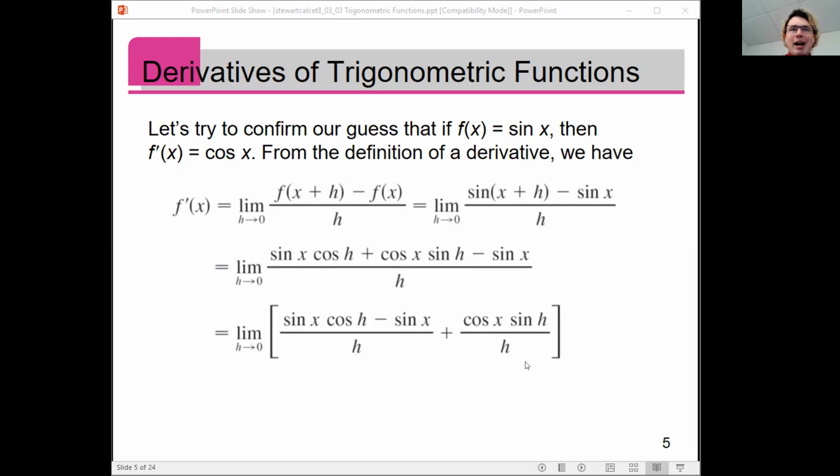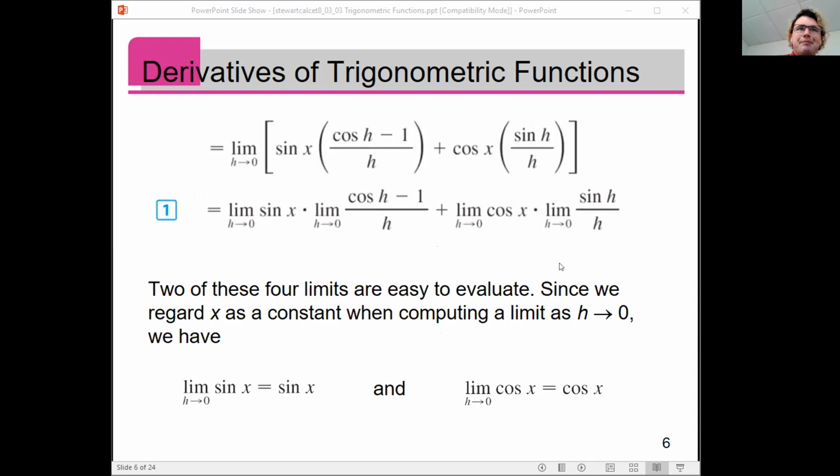Now we've broken up this fraction like so. Inside the limit, I have the quantity sine of x times cosine of h minus sine of x all on h. And then I have to add to this cosine of x times sine of h all on h. Well, hey, over here's my cosine function, not quite all by itself.